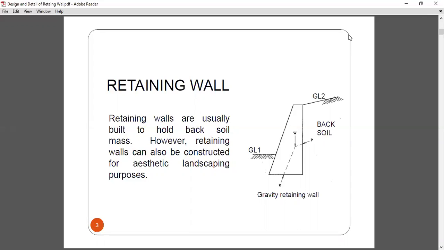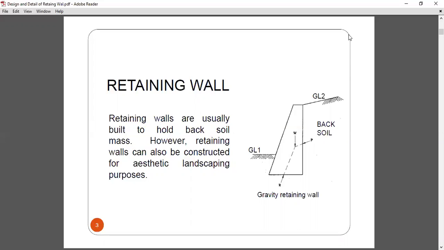But in this chapter, we are going to learn about some special structures like retaining wall, slab, flat slab, water tank, earthquake, building layout, etc. Now going to start with retaining wall.